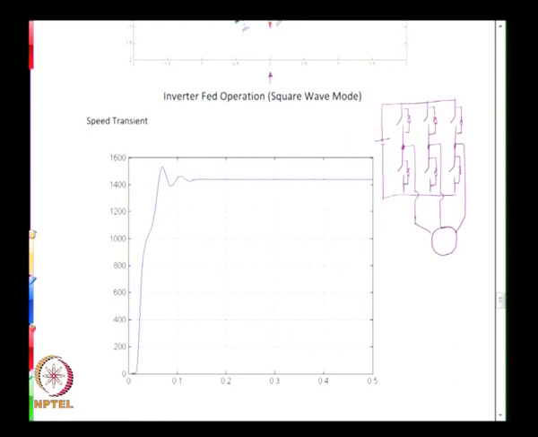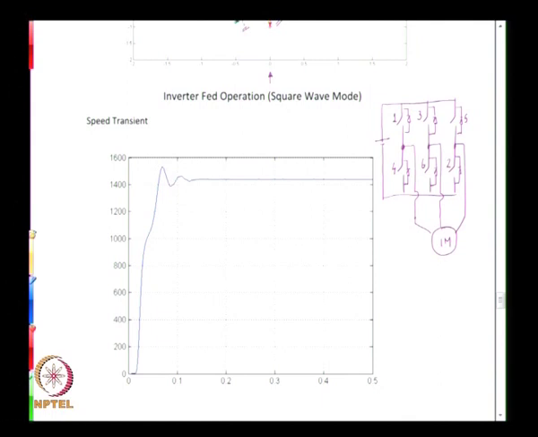And in this simulation that we are seeing, these inverter devices are switched on in this manner. Switch 1 is switched on first, and then 2, then 3, 4, 5 and 6, and then it goes back to 1.